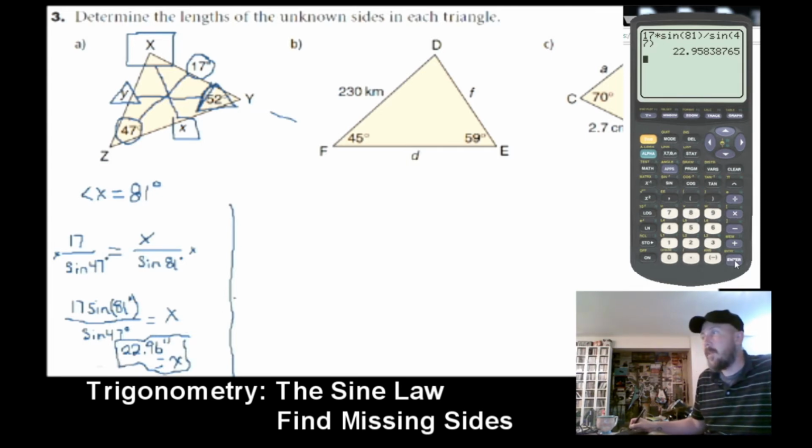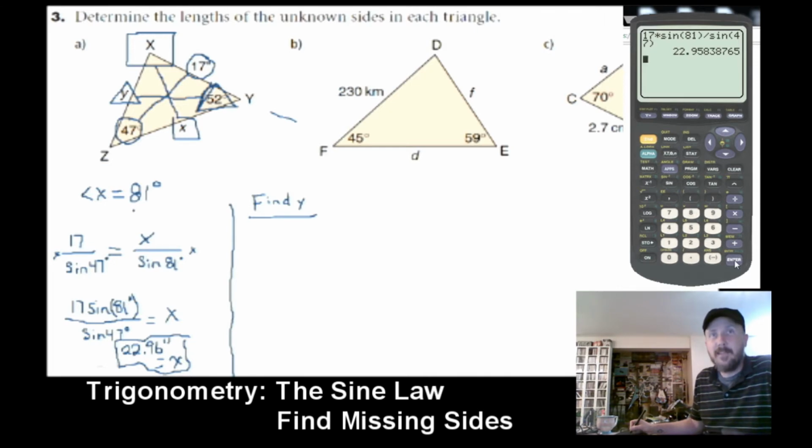Okay? Now we're going to find y over here. So this question has got a lot going on with it. And I kind of made it look a little bit messy here. So to find y, now that I have both pieces of information for x, I could use that if I wanted to.